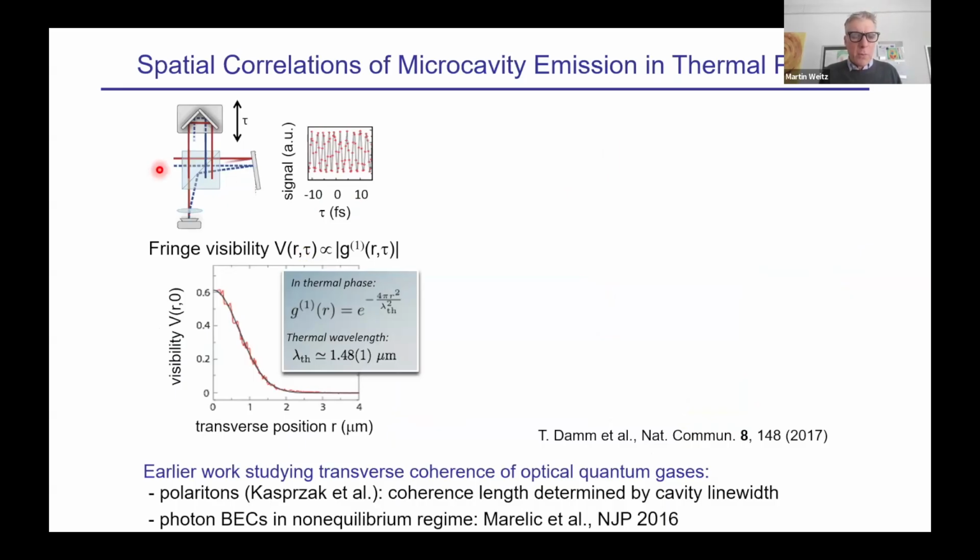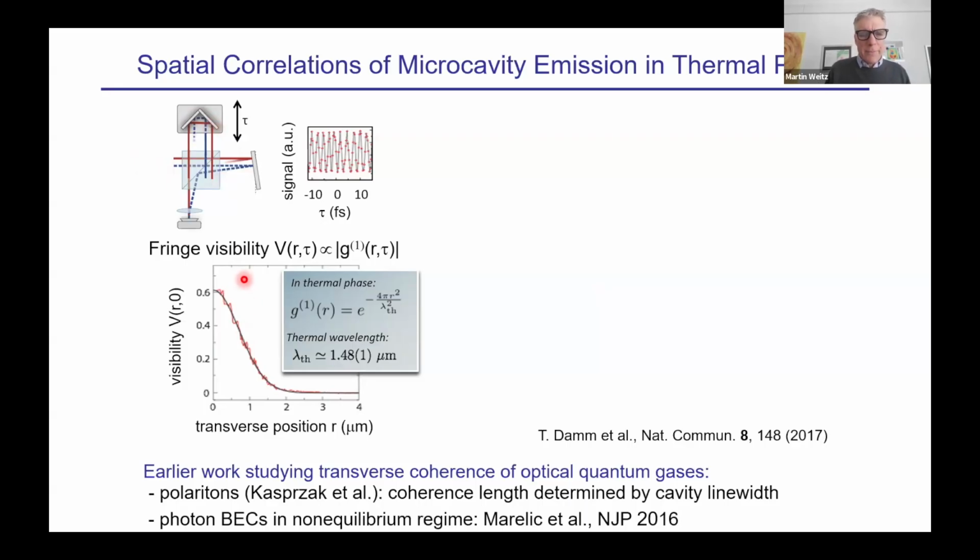For that, we directed the output of the microcavity through a Michelson interferometer, where one of the two mirrors is replaced by a cat eye retroreflector. So this is an experimental configuration that has been used previously in polariton experiments, and this allows one to relatively nicely analyze such correlations.